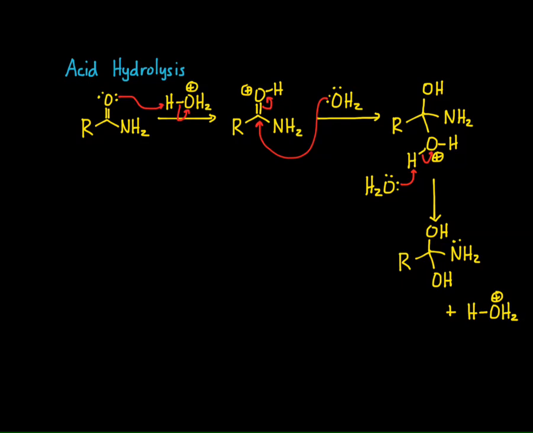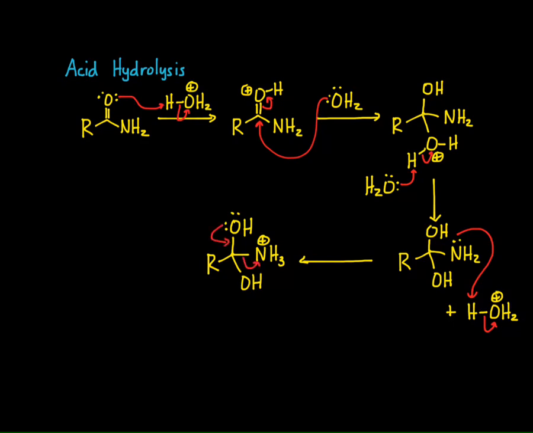And again, just like with esters, there are three spots that can get protonated by that acid, and if one of the OHs gets protonated, of course, we're going to go back to the amide. But if the nitrogen gets protonated, then we have a positive charge now on the nitrogen. We have ammonia as a leaving group, which is a pretty good leaving group relative to that of NH2.